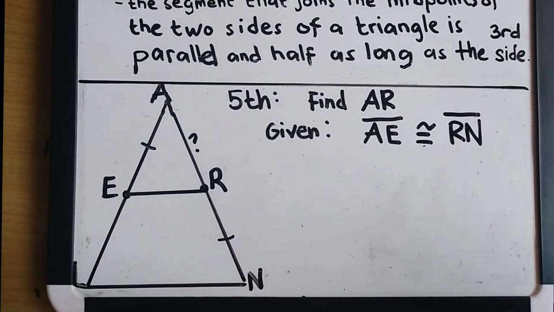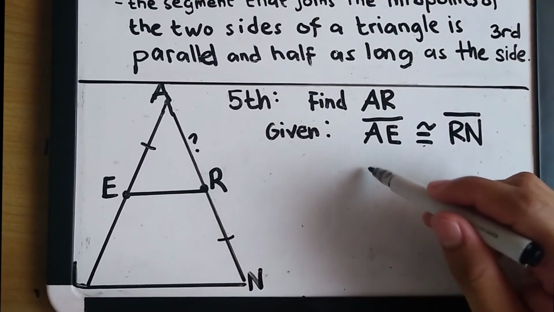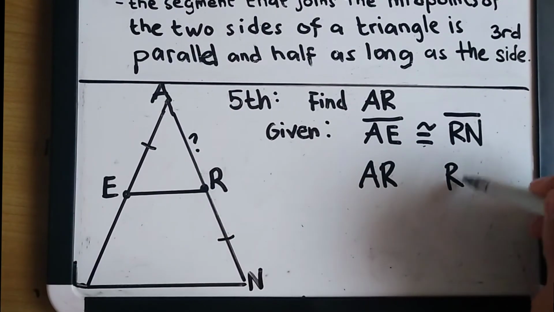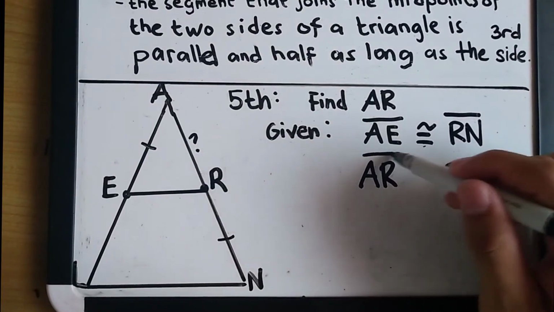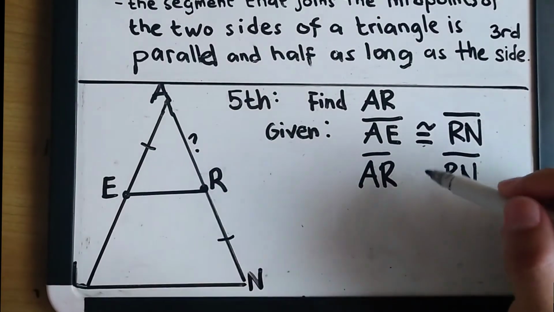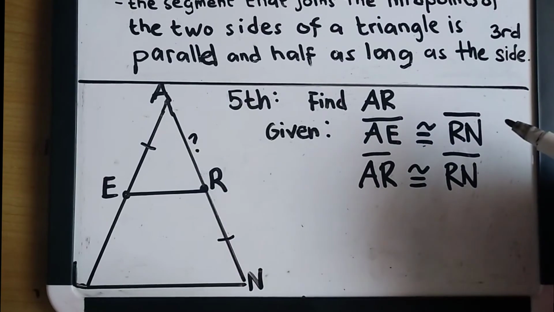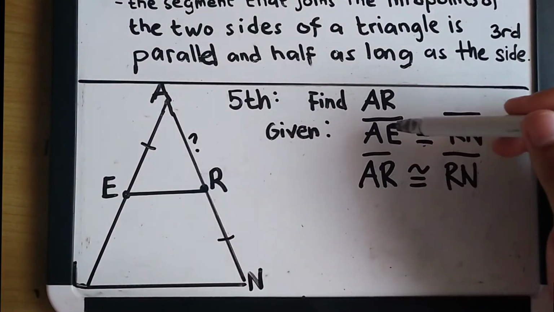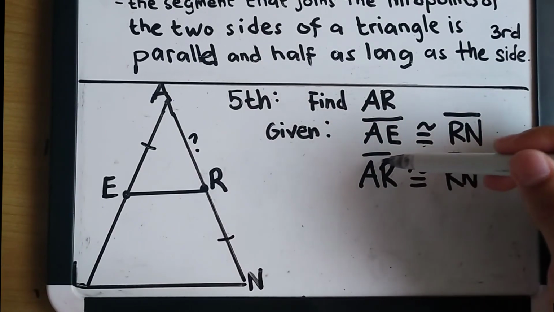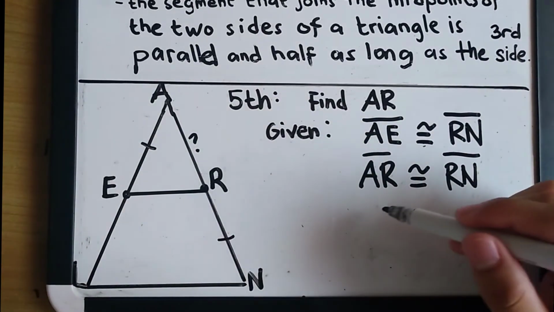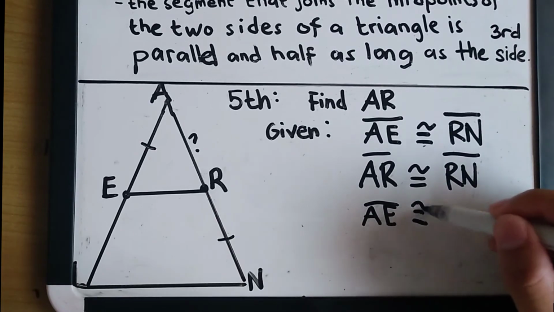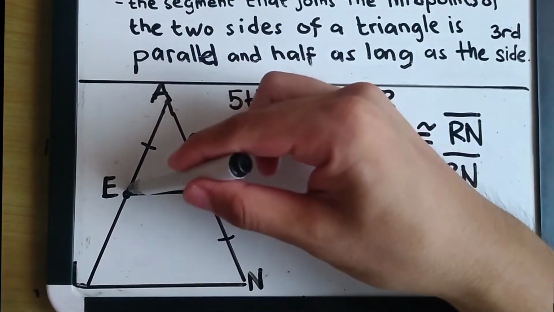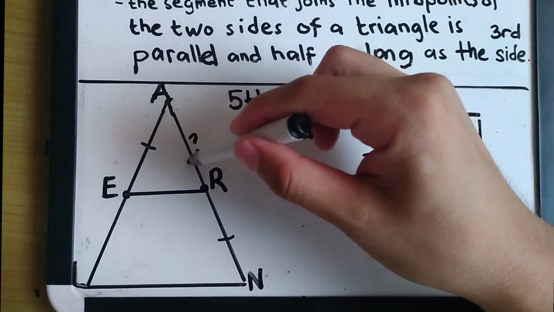By the theorem, we know that segments AR and RN are congruent because of the midpoint R. By transitive property, we can also conclude that segments AE and AR are also congruent.